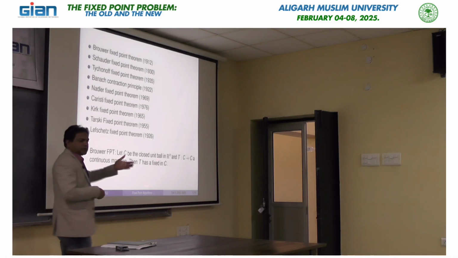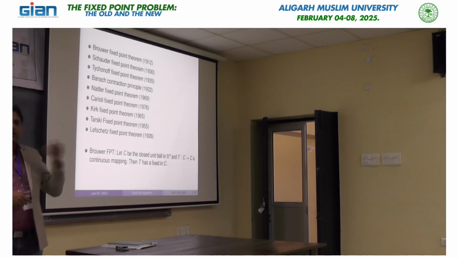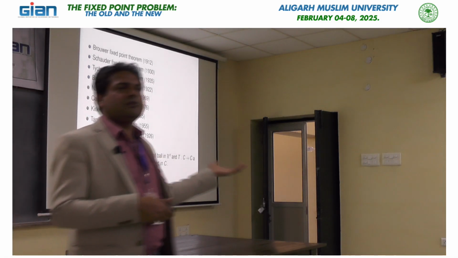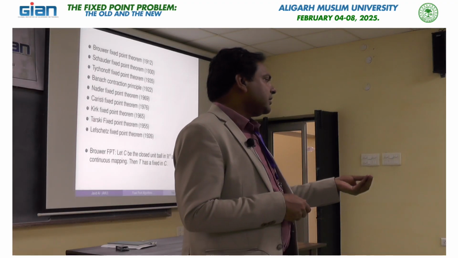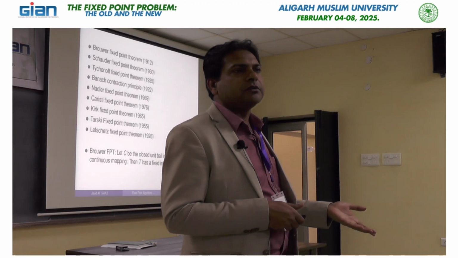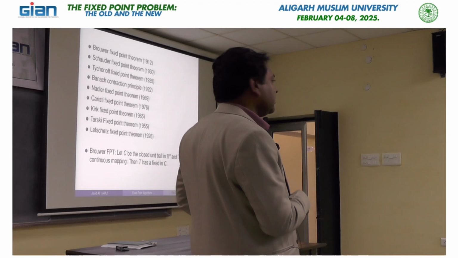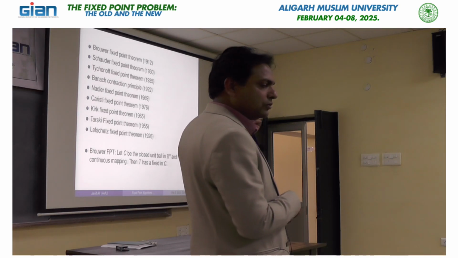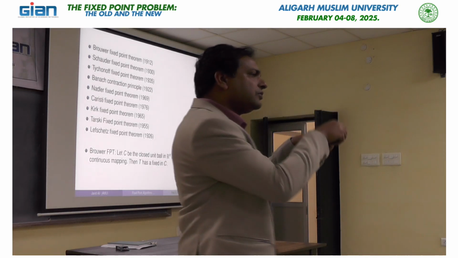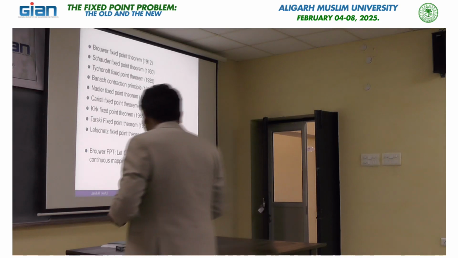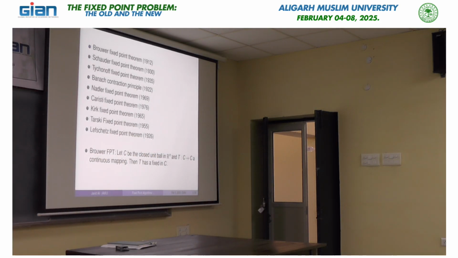And as Professor Imdad said, if we consider n equals 1, this is a very fundamental result in real analysis at undergraduate level. Means in place of Rn, we take n equals 1, R, and if we consider any closed interval on R, then of course every continuous map has at least one fixed point.